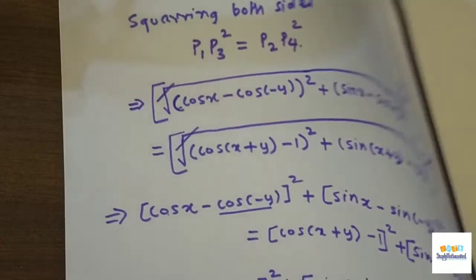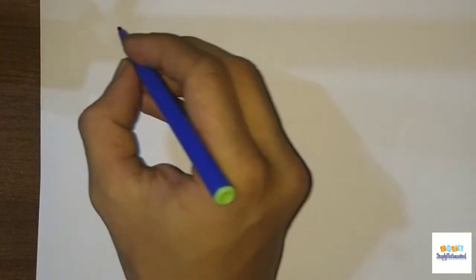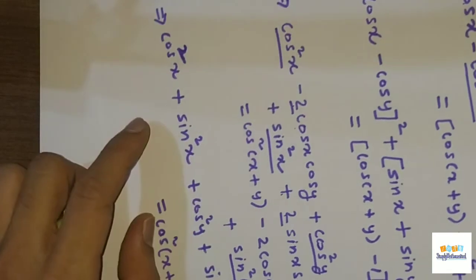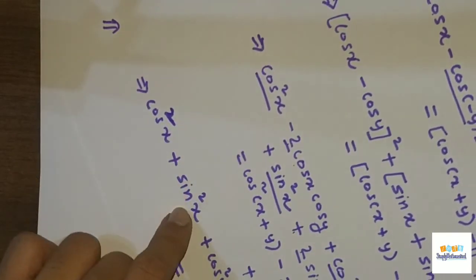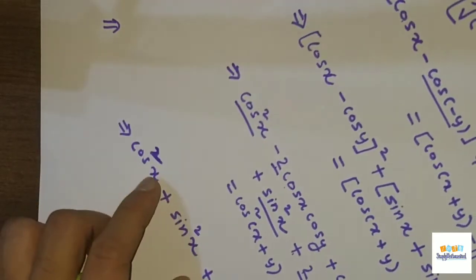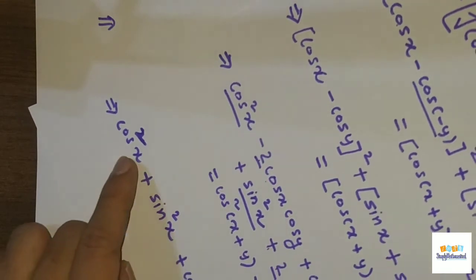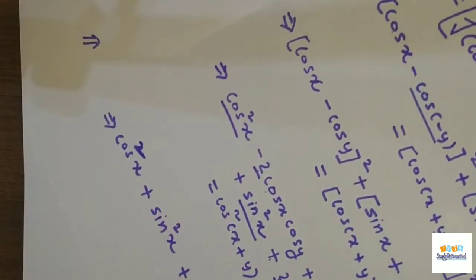Now if we simplify this, what you have is cos square x plus sin square x, that will be 1, by the identity cos square x plus sin square x is 1.